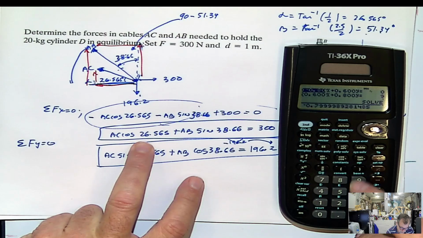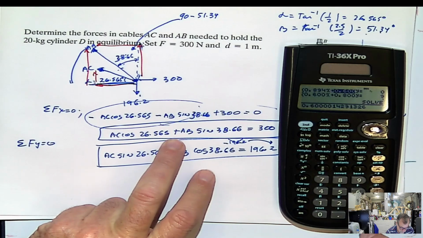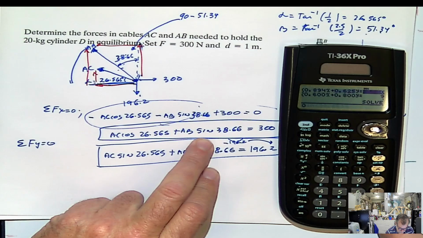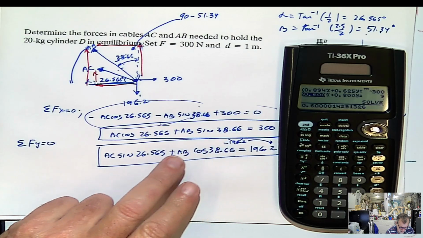Cosine of 26.565 plus sine of 38.66 equals 300. That's the first one.